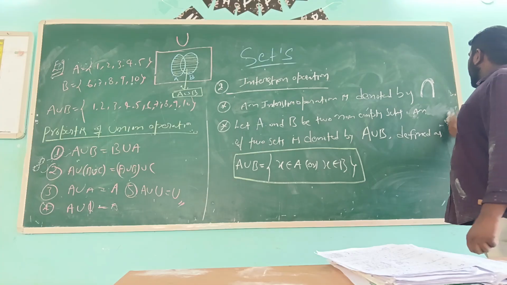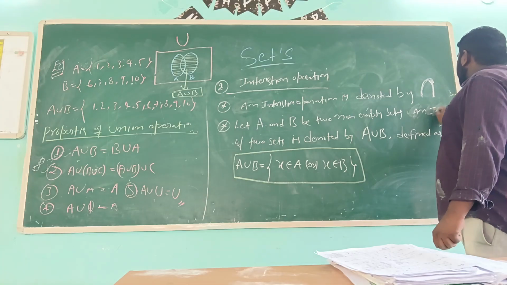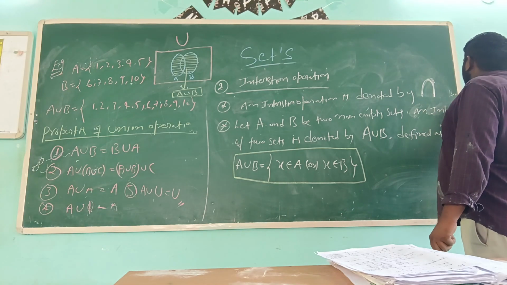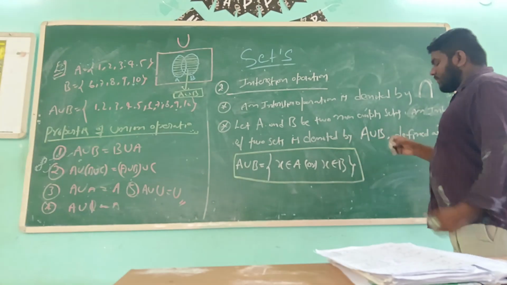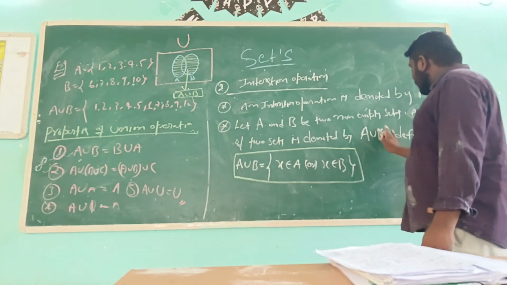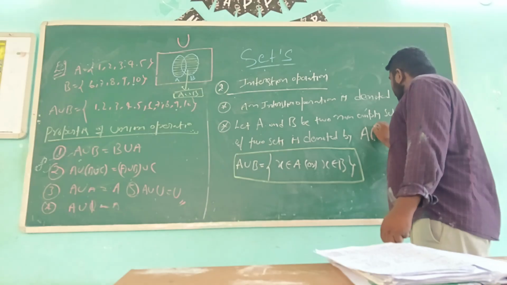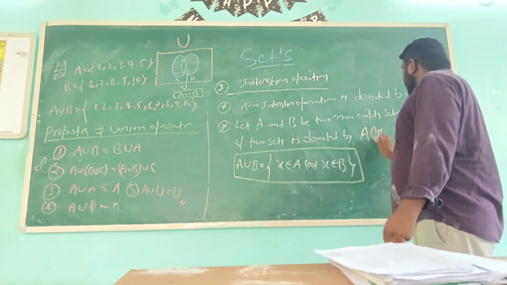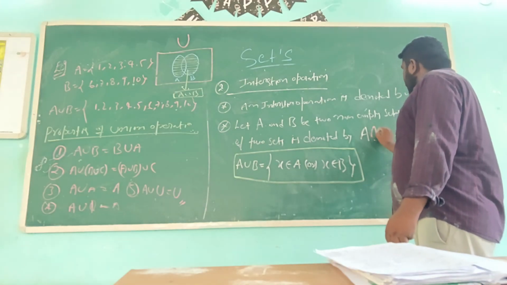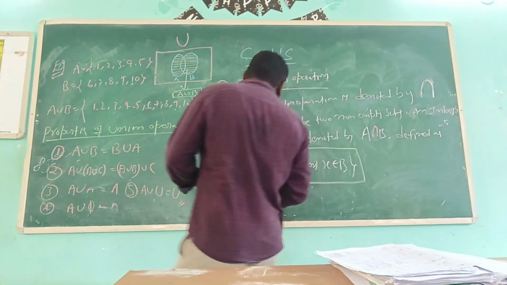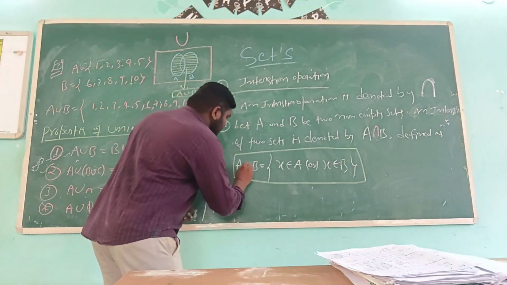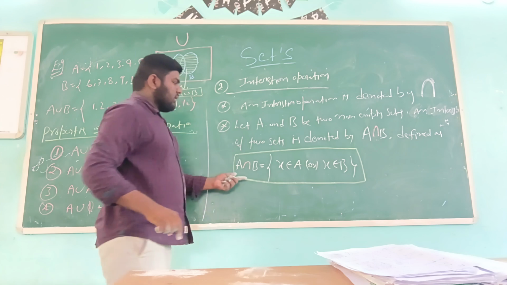The intersection of two sets is denoted, like A union B, with a symbol like reverse of U. A intersection B is defined as follows.